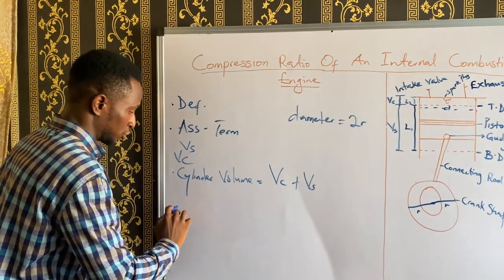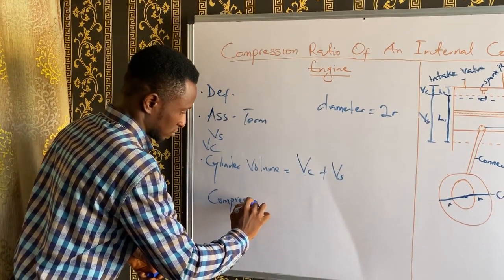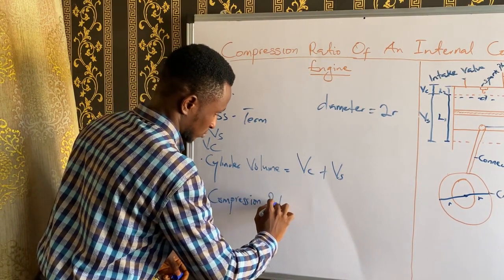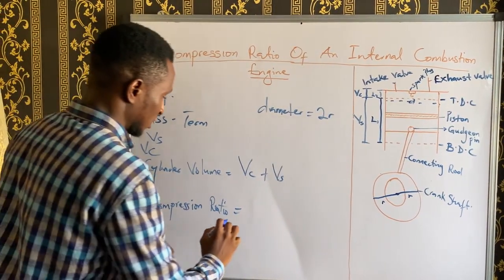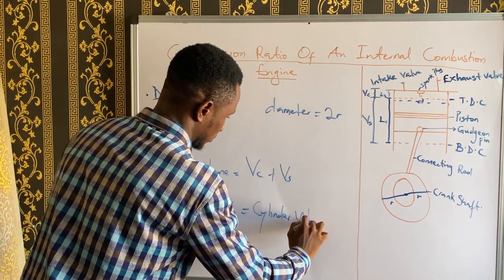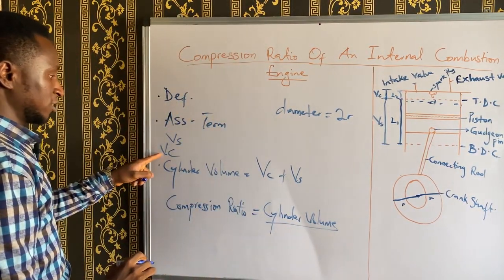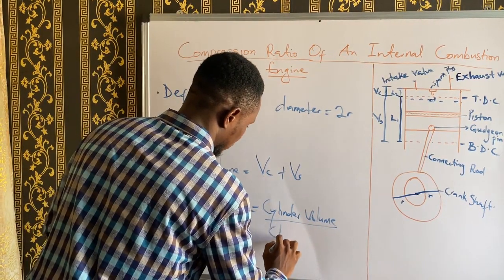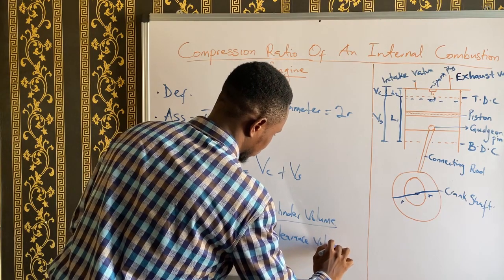So coming to compression ratio now. Compression ratio equals cylinder volume divided by our Vc, which is the clearance volume.